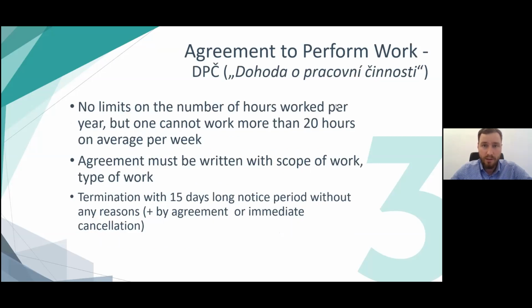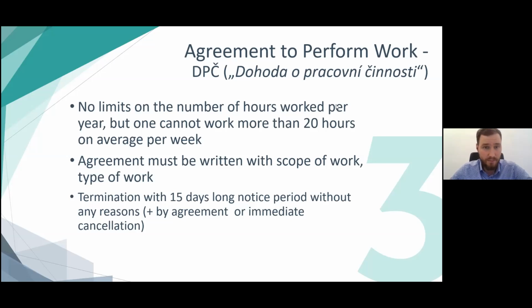The other one, agreement to perform work, is a little different. There's no limit on the number of hours worked per year, but you can't work more than 20 hours on average per week. It's not a problem if you work 25 hours one week and 10 the other, that's fine, but there's an average. So this is what's usually used for the part-time workers when they are not offered an employment contract, and the employer tries to keep them out of the employment relationship, so they offer them an agreement to perform work.